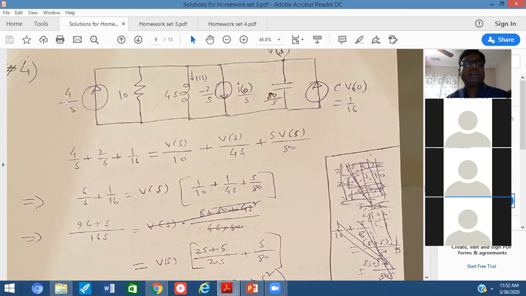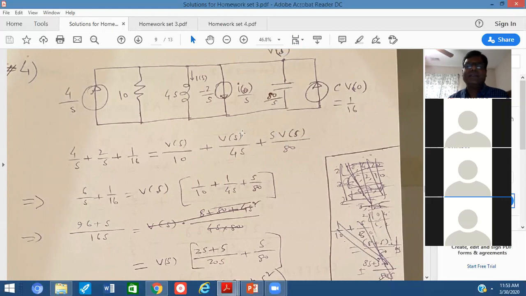So that's why I have written 4 over S. And because here the direction was -2 by S, you may assume this is the upward direction, so +2 over S. And then the last one, 1 over 16, equal to, I have assumed here the voltage is Vs at this node. Therefore, Vs over 10, this current, plus Vs over 4S, this one, plus Vs over 80 over S, this one.